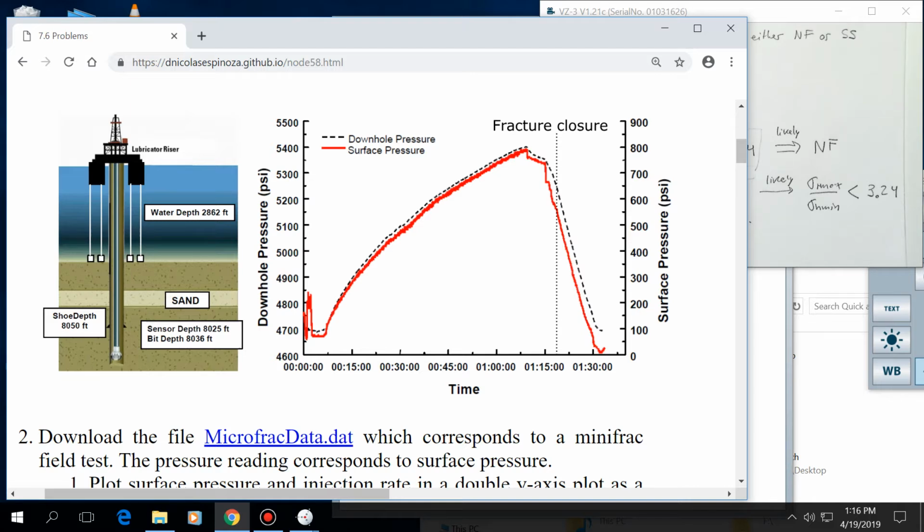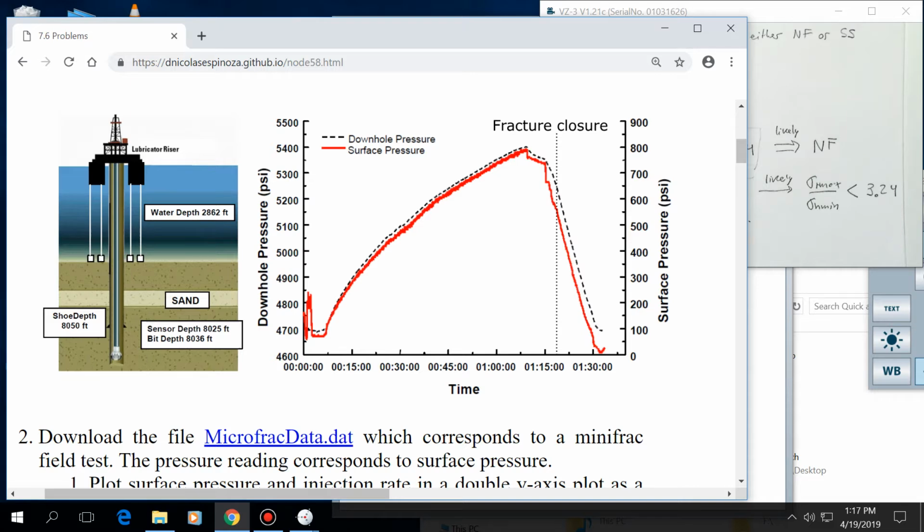Here you have the two readings, the surface and the downhole pressure. So in our previous problems of wellbore stability, many times we calculated the wellbore pressure, and with that we specified the mud density, right? This is sort of an opposite problem in which you know the wellbore pressure, and then you need to figure out what the mud density is.